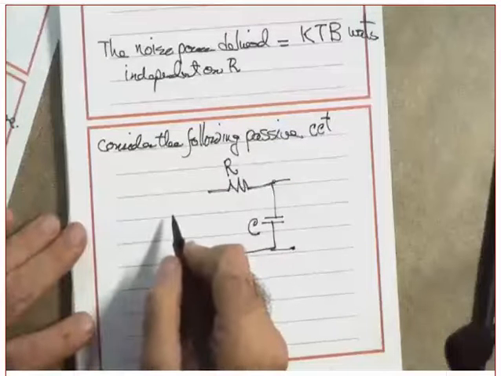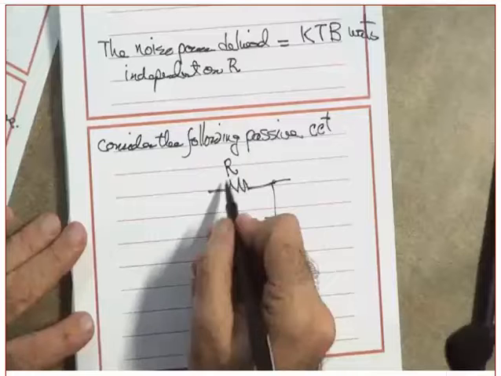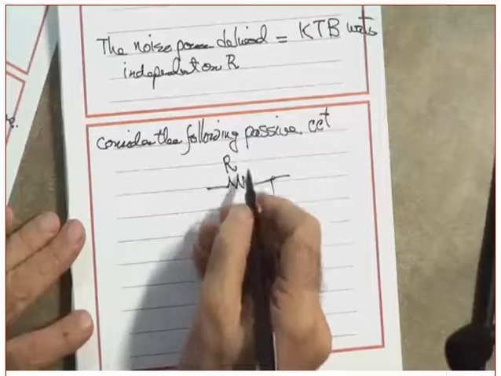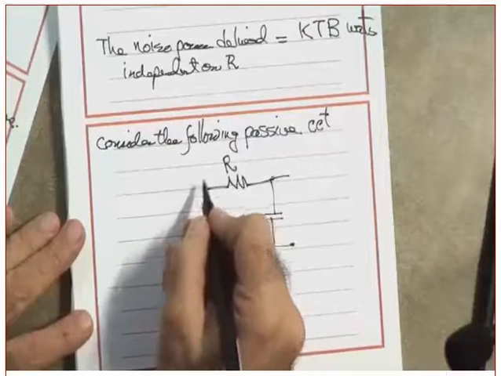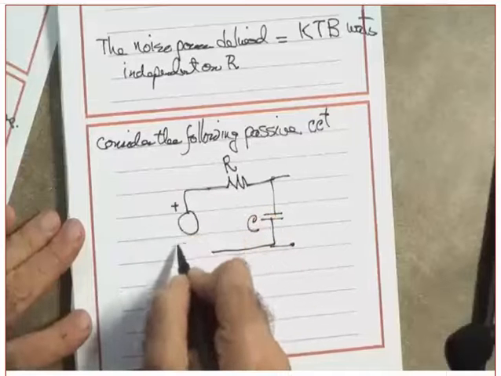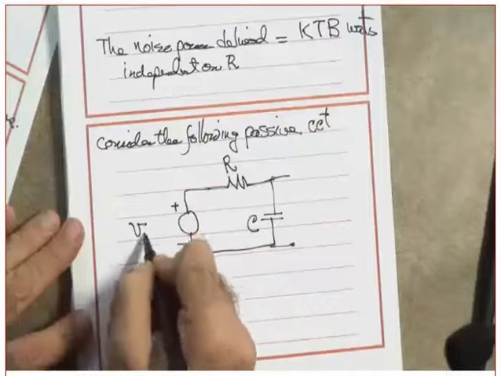What is the noise power delivered at the output? By the way, this resistor is noisy, and I'm going to replace it by a noiseless resistor, and here the noise source Vn square.